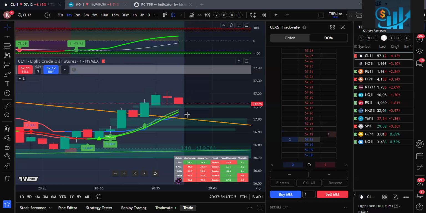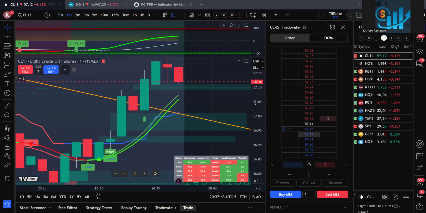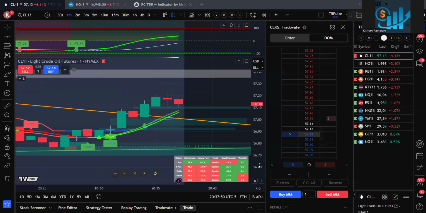Yeah, I took stop loss on ES and NQ. Suddenly there was a bounce, but yeah, if you took only one position, you can wait. Again, ES and NQ should drop.